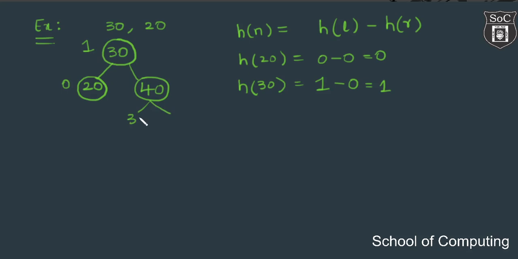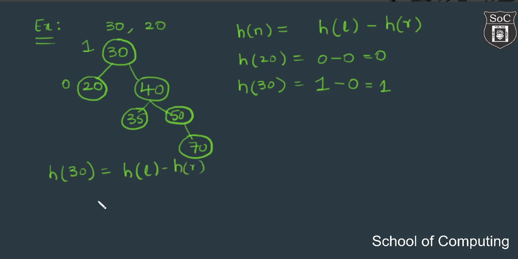Let us say this is 35 and this is 50. 50 also has one right child, 70. Now in this case, what will be the height at 30? Please observe. The formula is height of left subtree minus height of right subtree. On the left side there is only one edge, so it is 1 minus.